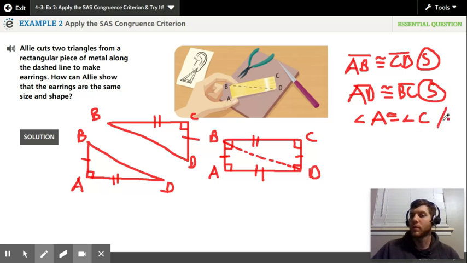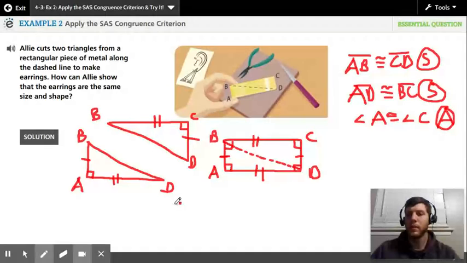Okay, so that's 1 pair of angles congruent. So here, given to us, we have 2 pairs of sides that are congruent and 1 pair of angles. So as long as that pair of angles is included, meaning it's between the 2 pairs of sides that are congruent, and they are, right? A and C are between the sides we're looking at. Then we have side, angle, side. Okay, there's the first side.